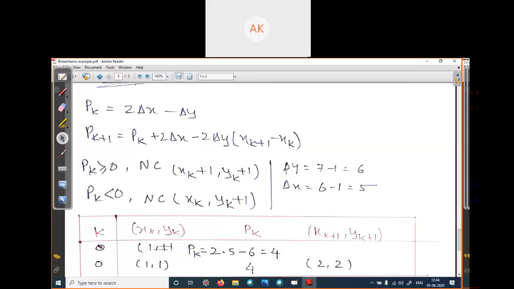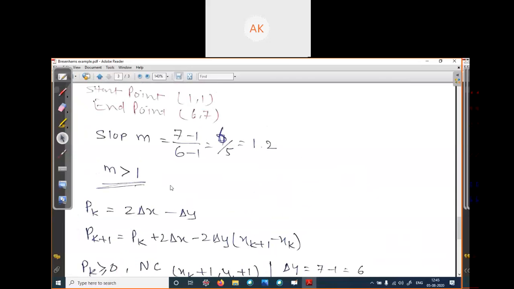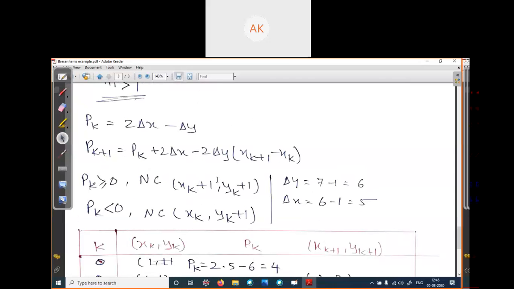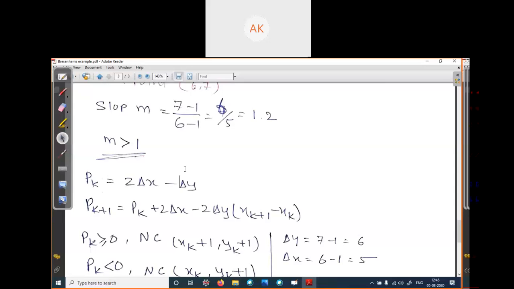Calculate delta y, which is y2 minus y1, 7 minus 1, 6, and delta x, 6 minus 1, which is 5. Your slope is greater than 1, so I'm explaining this example for when your slope is greater than 1.